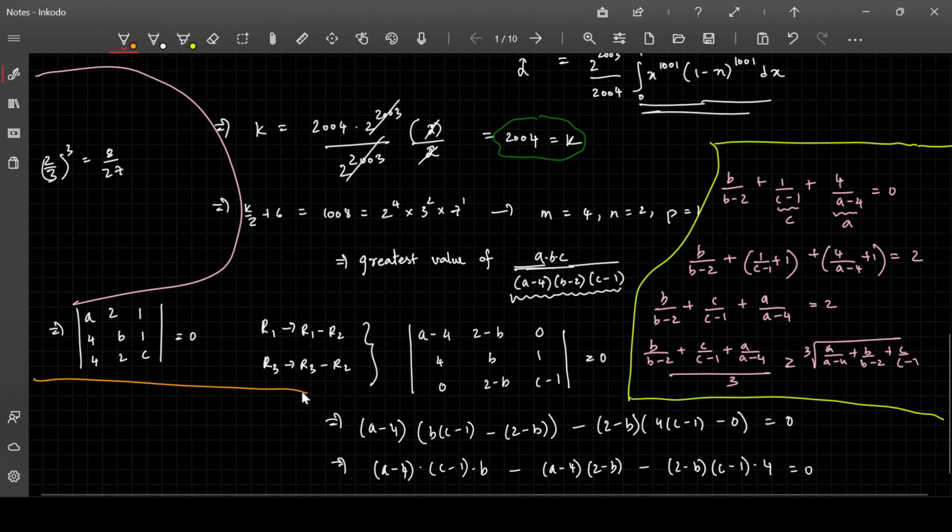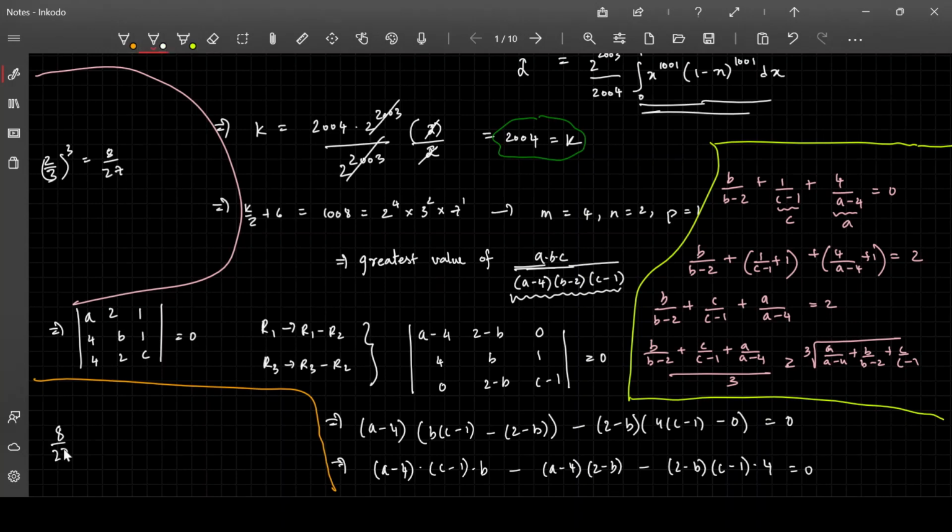I just wanted to make sure everything appears in one place, so that there will be no case for any confusion. So that is 8 by 27 is less than or equal to, sorry, what a mistake I have done here. It's a very big mistake as a mathematician. I shouldn't have done that.